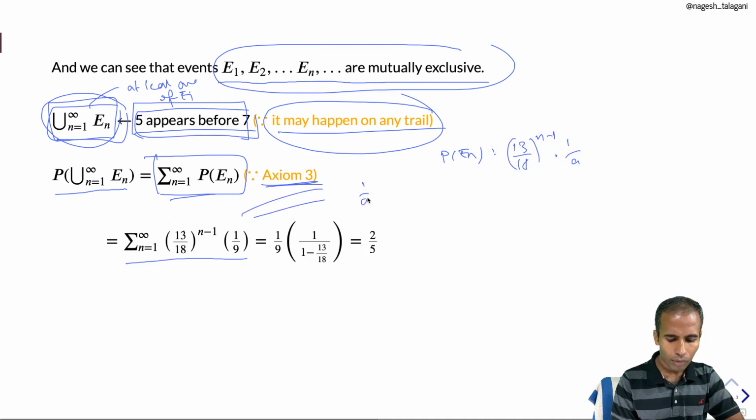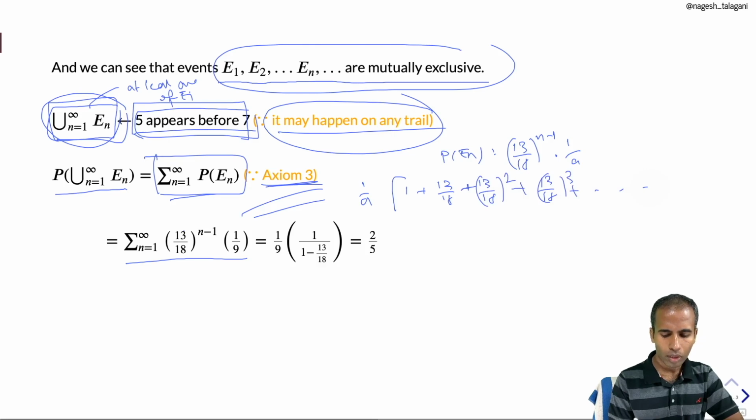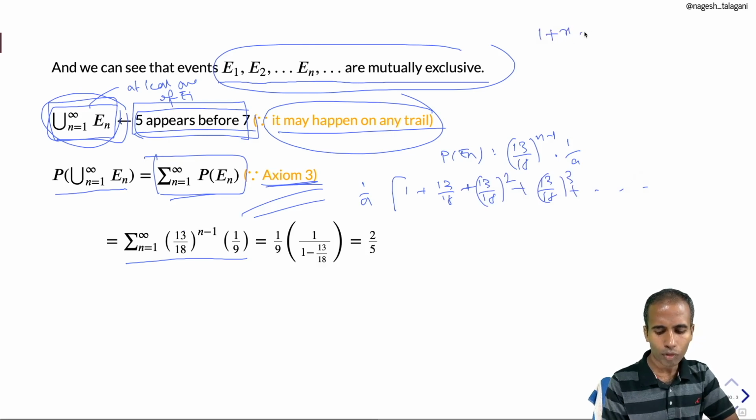If you take 1 by 9 common, then it will be 1 plus 13 by 18 plus 13 by 18 squared plus 13 by 18 cubed and so on. You should know that this is a geometric series, 1 plus x plus x squared plus x cubed and so on. This series converges when the modulus of x is less than 1, and 13 by 18 is less than 1. So the sum will be 1 by 1 minus x.